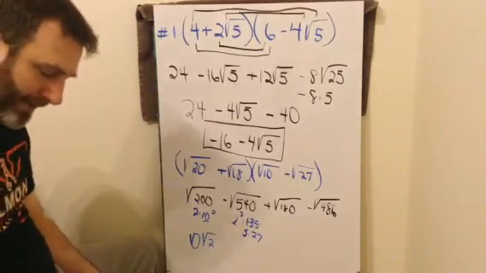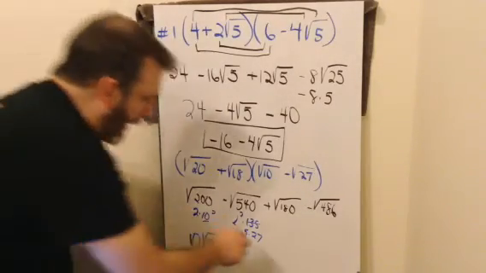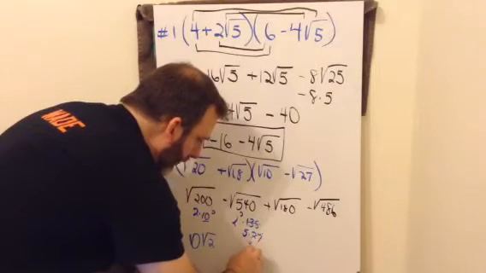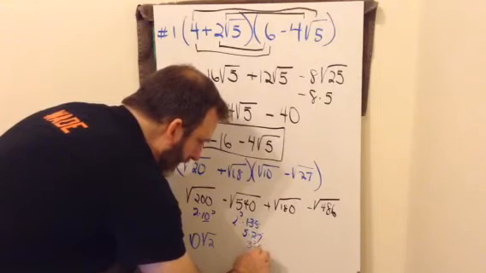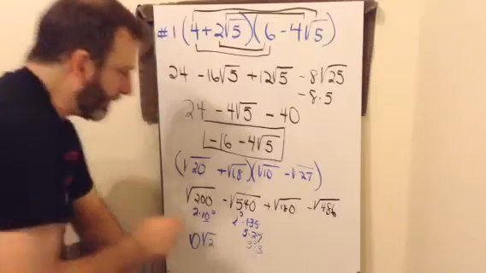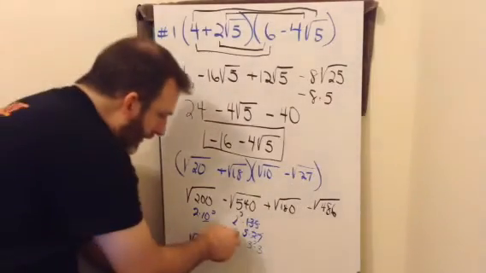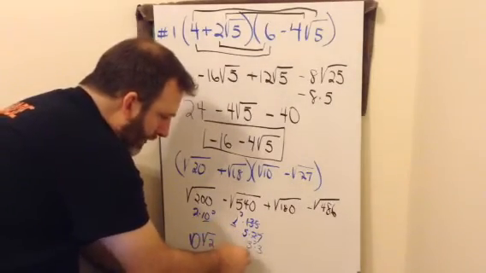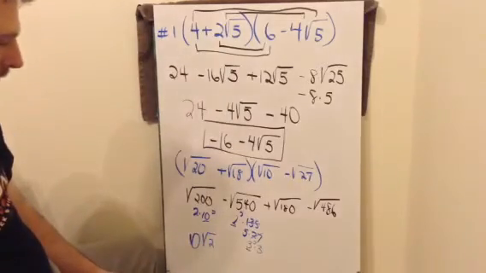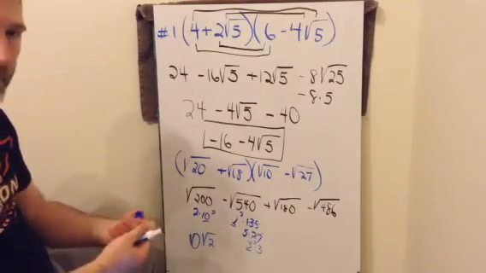Well, in 27, I have 3 squared times 3. So I have 2 that come out, and I have a 3 that comes out. So when I take those out, we will multiply.